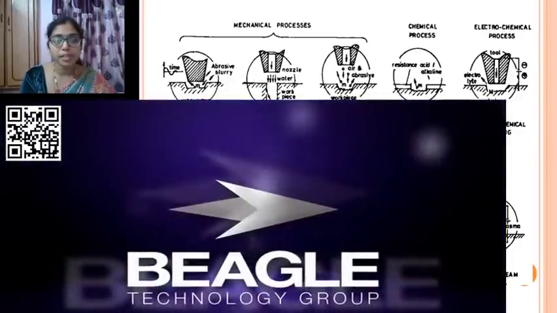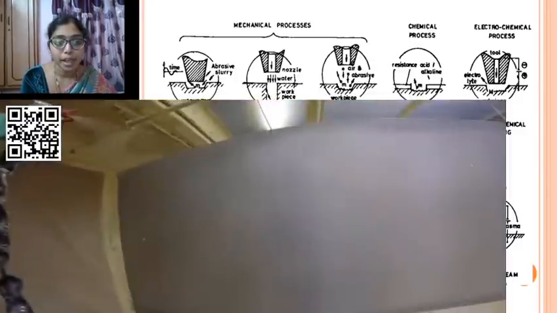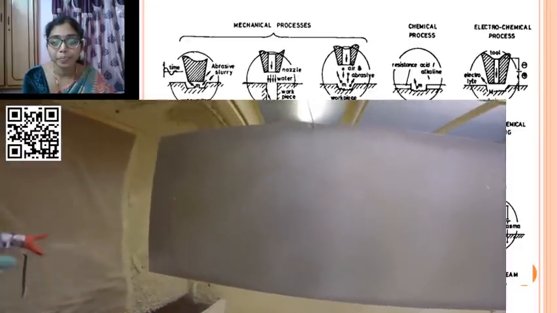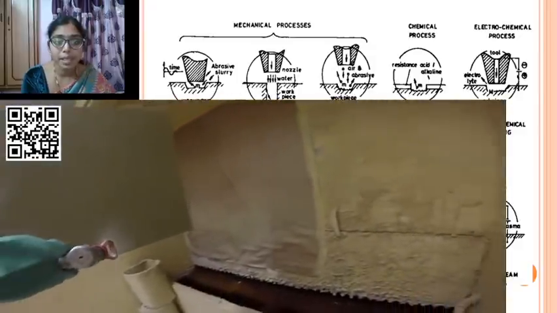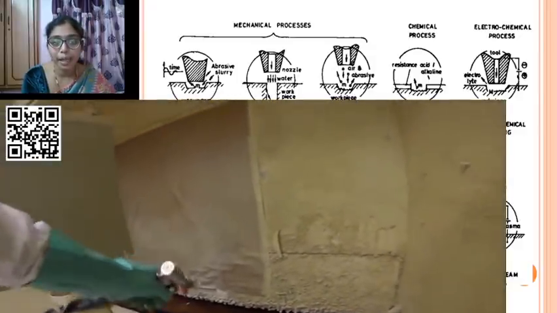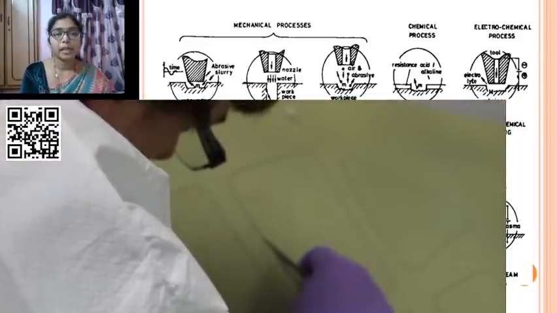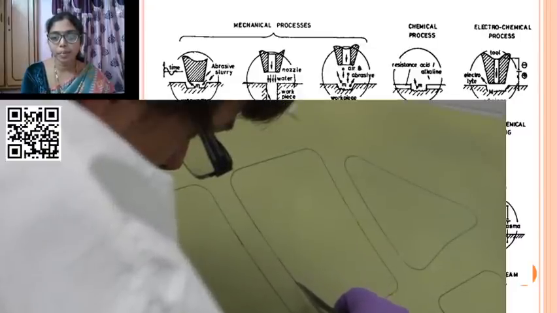So here you can see the chemical machining process, as we are discussing how it happens. In this present case, he is applying the maskant on the surface by spraying. And then depending on the shape, it is cut using a scriber.